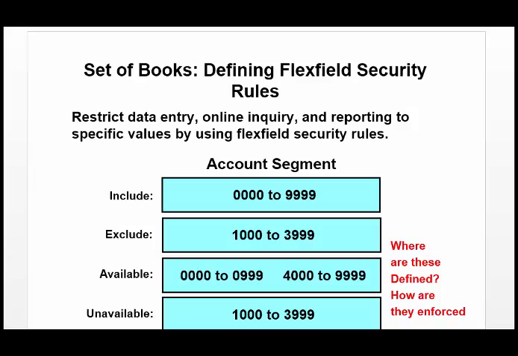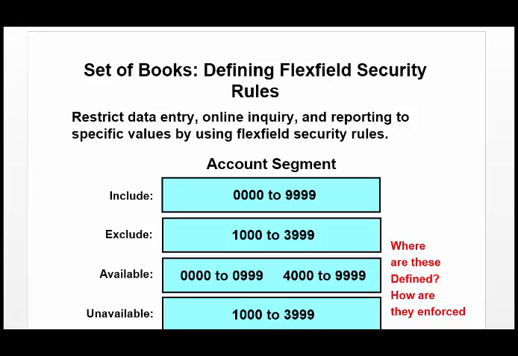So what's actually available is from 0000 to 0999. Once we get to the 1000, then from the 1000 to 3999, they do not have access. But again, starting from 4000 up to 9999, they have access.